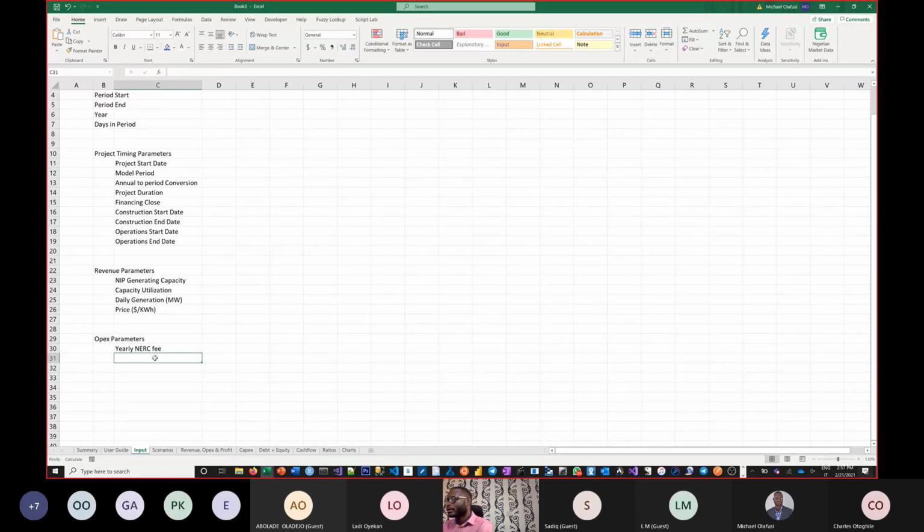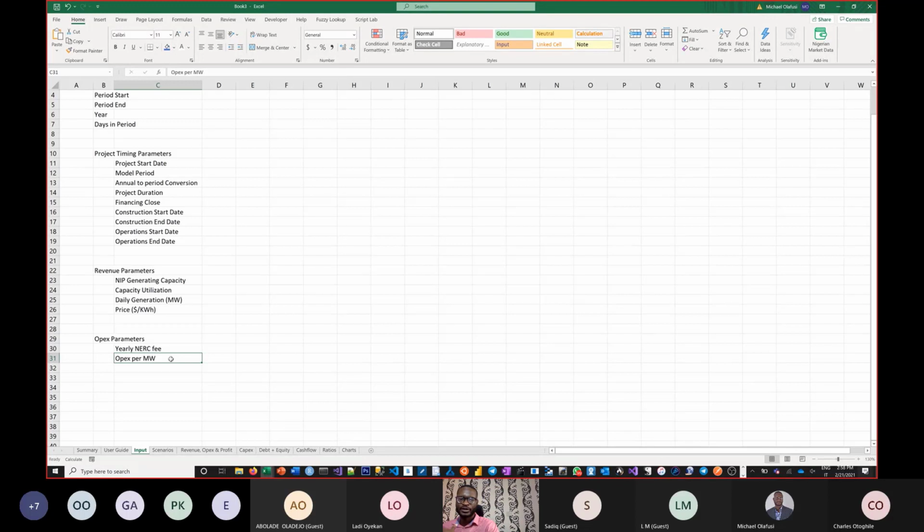Then sometimes people might peg it at Opex per megawatt. But when you know fully the breakdown of the project, you can go more granular than that.